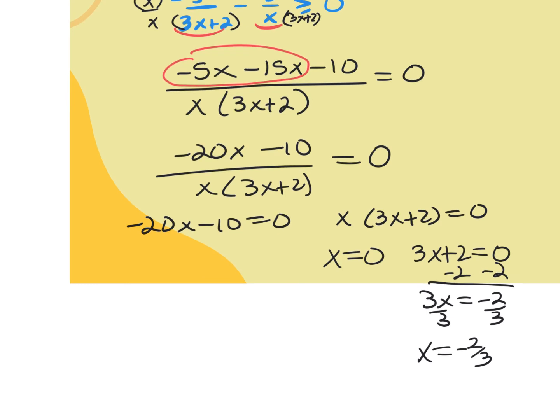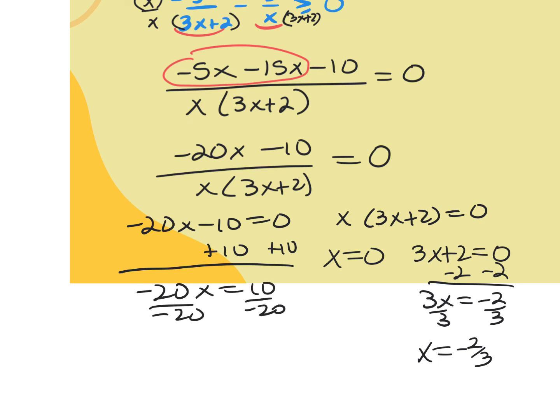Now for this one, add the 10. -20x equals 10, divide by -20, and x equals -1/2. So now I have 3 breaking points, so it's going to make 4 sections.